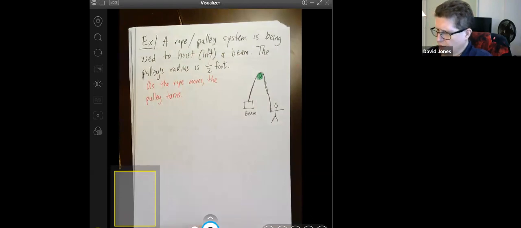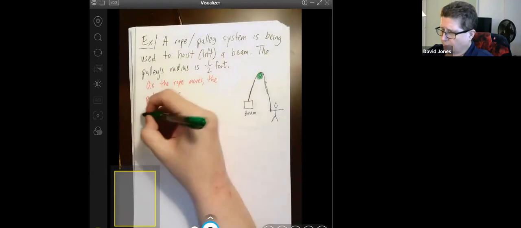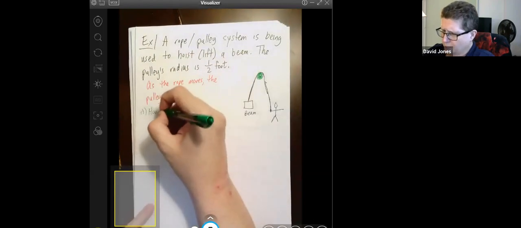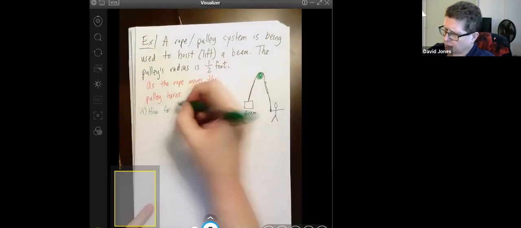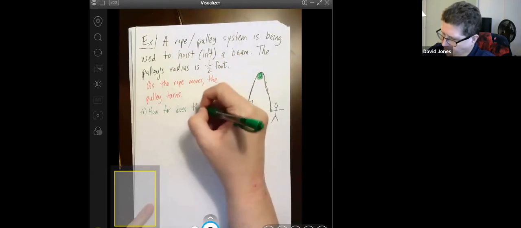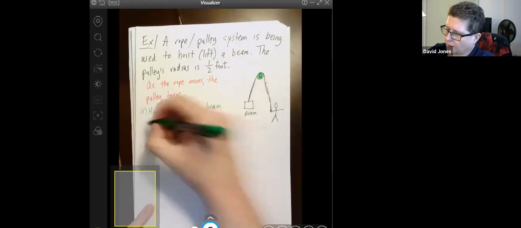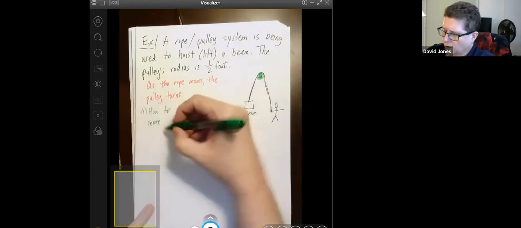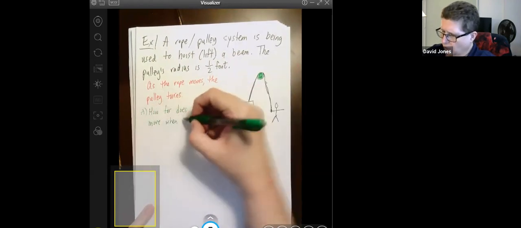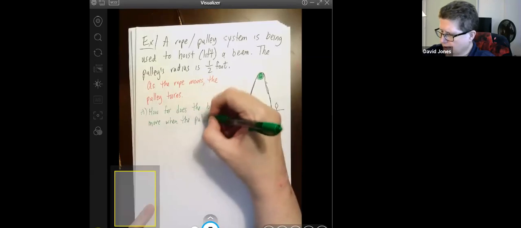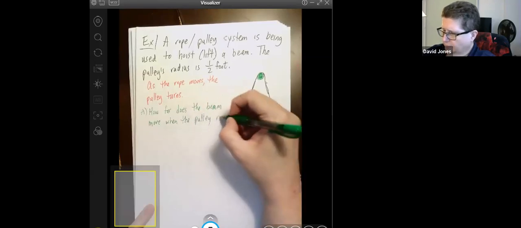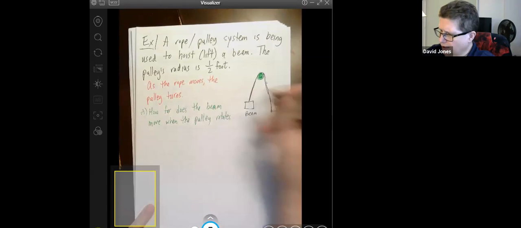So our first question, how far does the beam move when the pulley rotates 690 degrees?